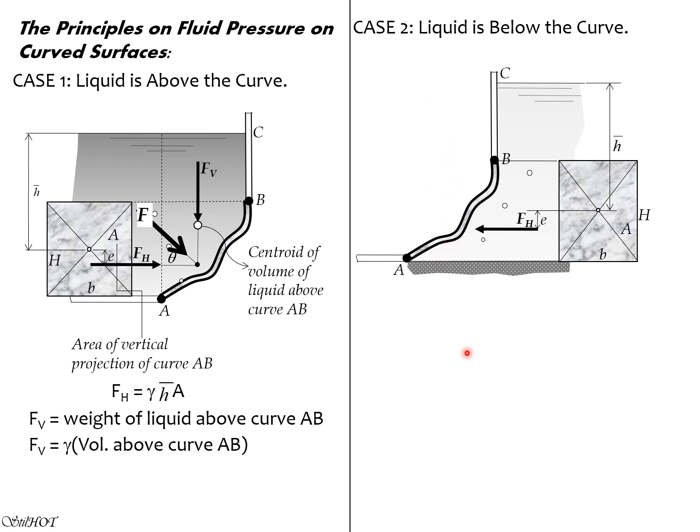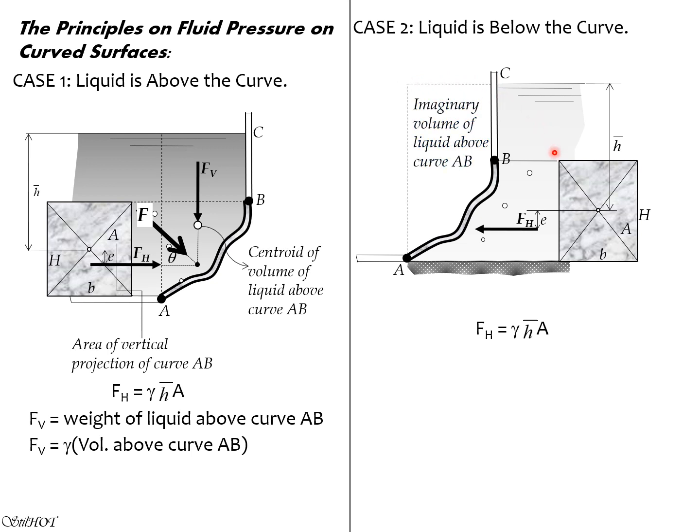So we still draw vertical lines through the endpoints of the curve up to the imaginary liquid surface. This time, the vertical component is upward, because if we imagine that this is our back, then we will feel that we are pushed upward, and that is equal to the weight of imaginary fluid bounded by the vertical lines through the endpoints of the curve up to the imaginary liquid surface.